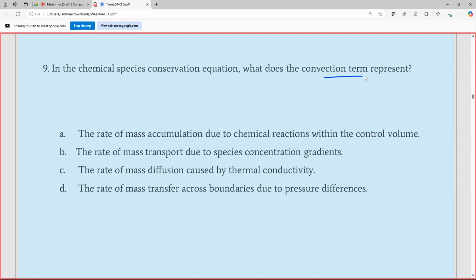Option B, rate of mass transfer due to species concentration gradients. Option C, rate of mass diffusion caused by thermal conductivity. Option D, rate of mass transfer across boundaries due to pressure differences.